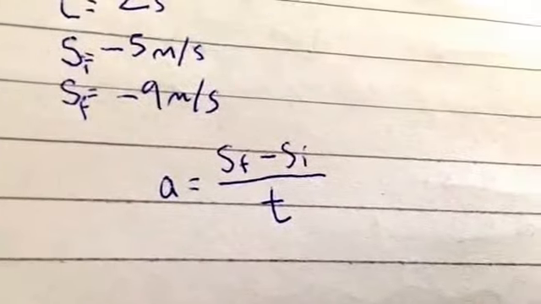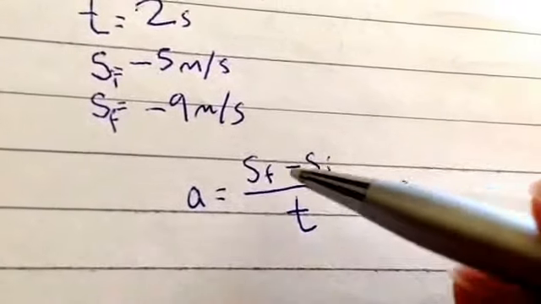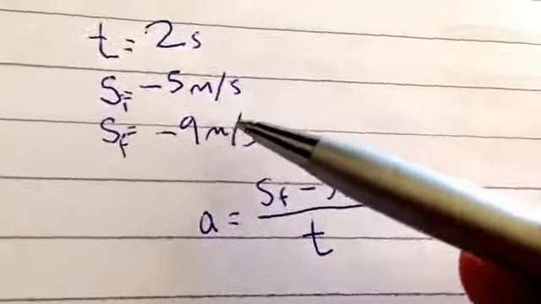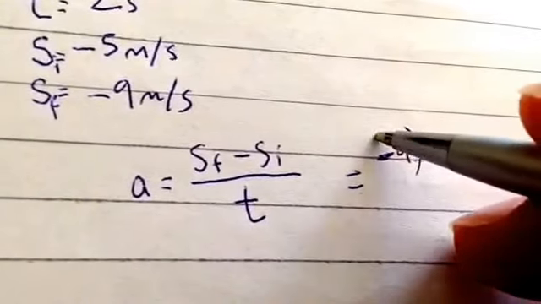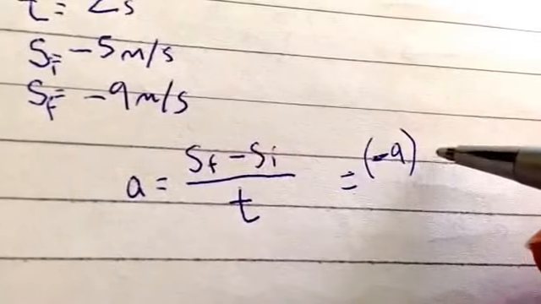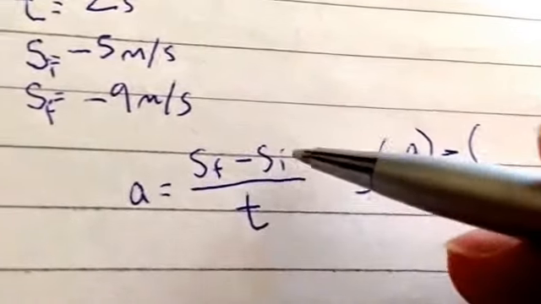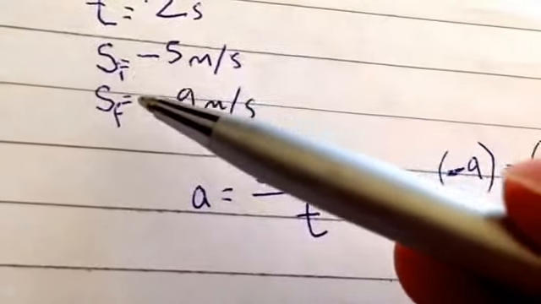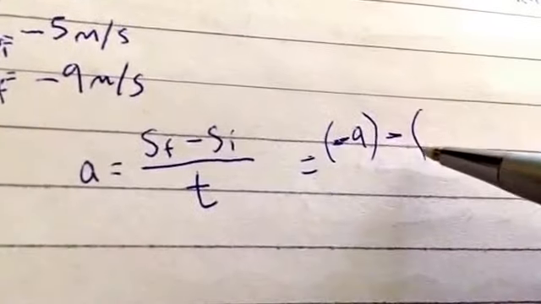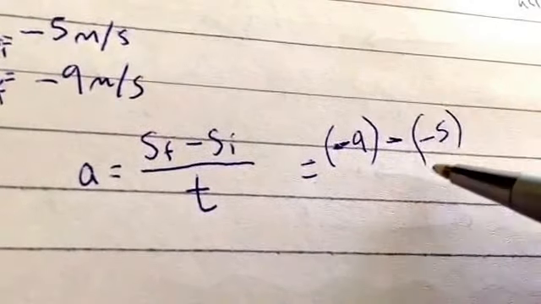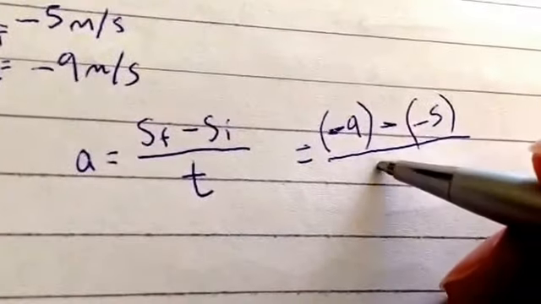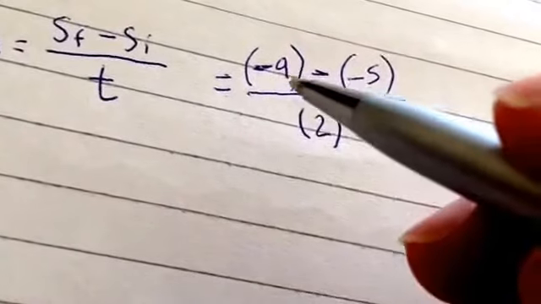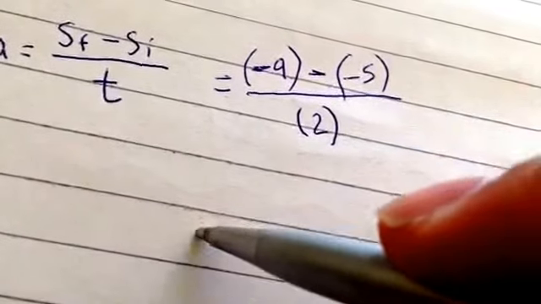So we've said that SF is -9. So let's put that in, -9. Then we've got a minus here, so we've got to keep that a minus. And then in here we've got SI, minus 5, divided by T. T is 2. So now we're left with minus 9 minus minus 5 divided by 2.